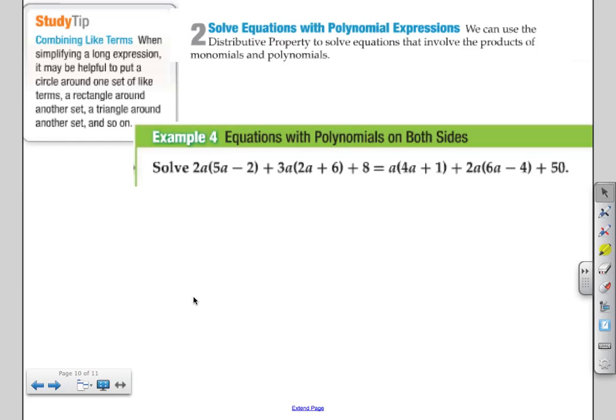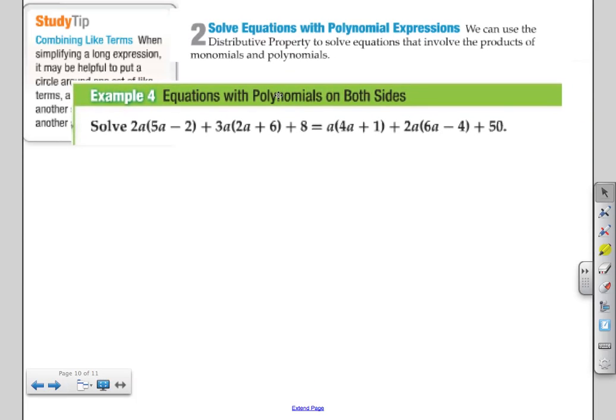But if you need it, you can do that, but you may not need to do that. All right, so I'm going to slide this up a little bit now that we've read that study tip, so we just have a little bit more room.